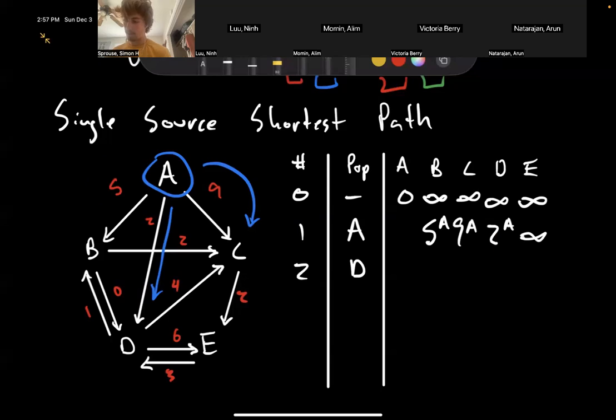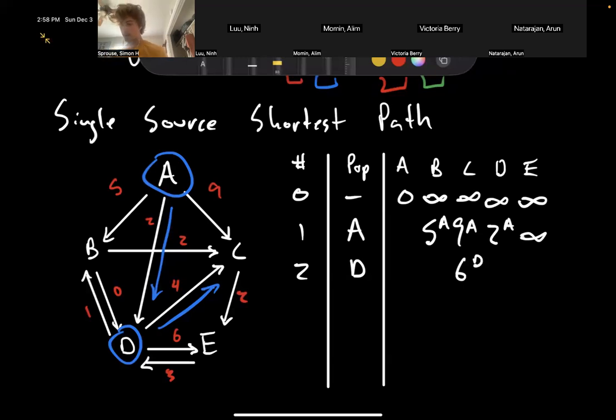So let's go ahead and remove these arrows. And looking at D, let's see. D can discover C with a cost of 2 plus 4, which is 6. So I'm going to say that's better than our previous path, right?